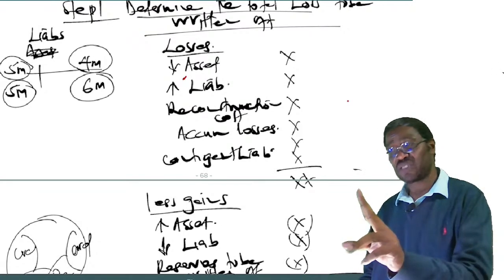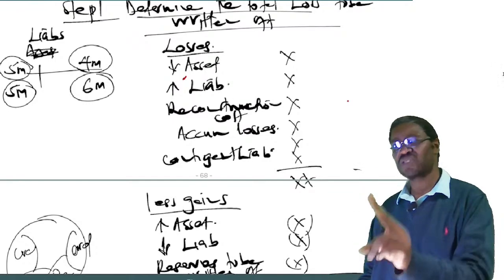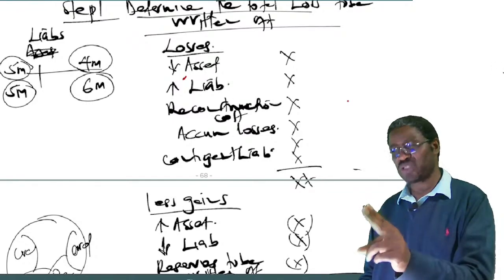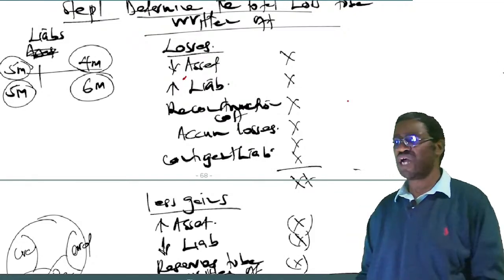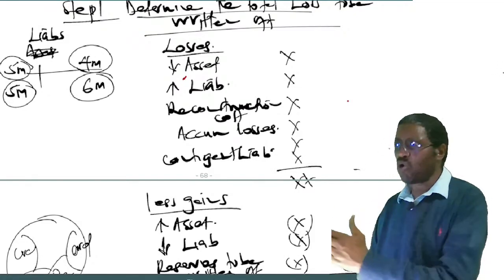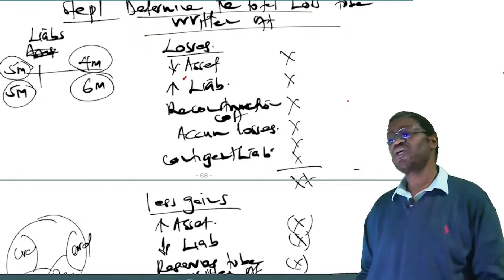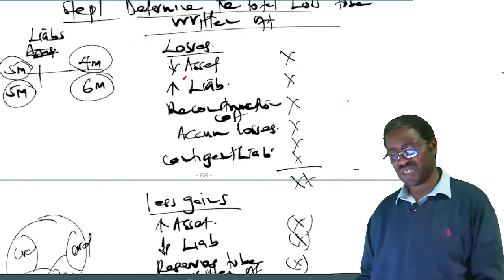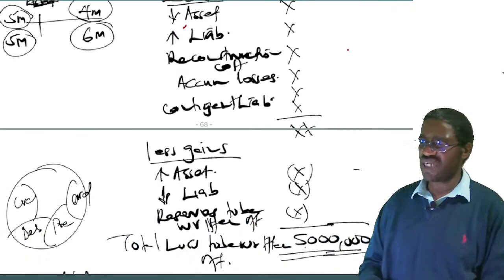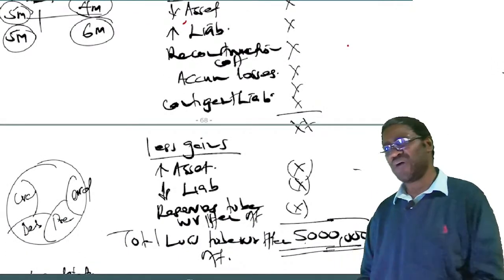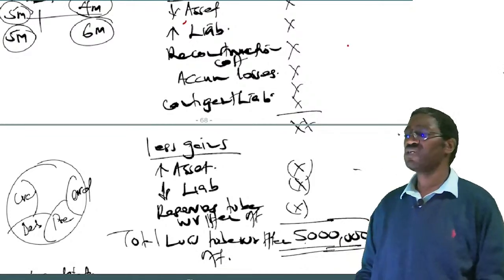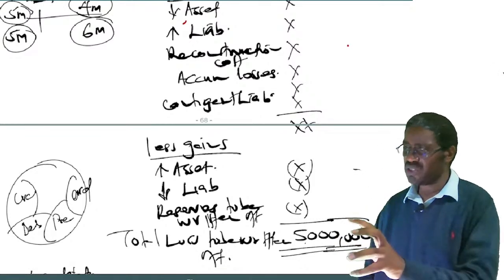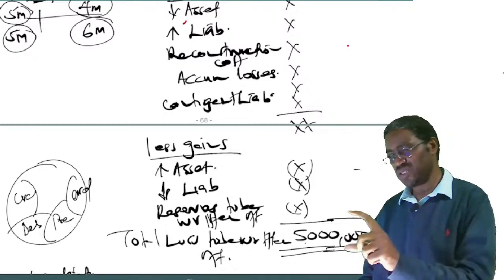Decrease in assets, increase in liabilities, any reconstruction cost, all the accumulated losses, and any contingent liabilities. Those are the components that give rise to losses whenever a company is reconstructed. Any increase in assets, any decrease in liabilities, any reserves that should be written off, those are items that give rise to gain.